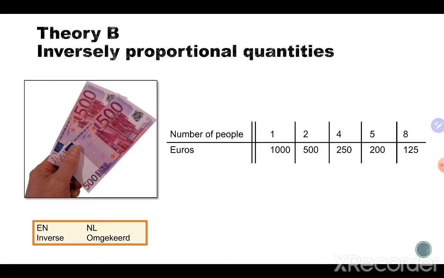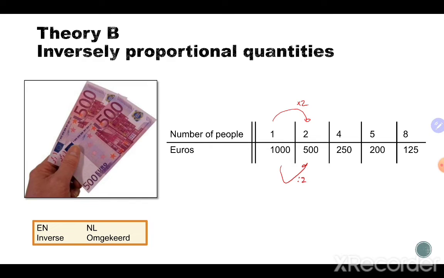If we talk about inversely proportional quantities, in the previous example I showed you that if I multiply at the top by 2, you need to multiply at the bottom by 2. One ice cream was 1.50, so 2 ice creams is 3 euros. Here we do the inverse of multiplying, so dividing.